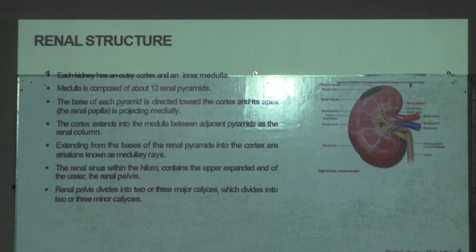They are called cortical nephrons. And some nephrons are towards the base of the renal pyramids. They are near to the pyramids. Near means juxta. They are near to the medulla, so they are called juxtamedullary nephrons.